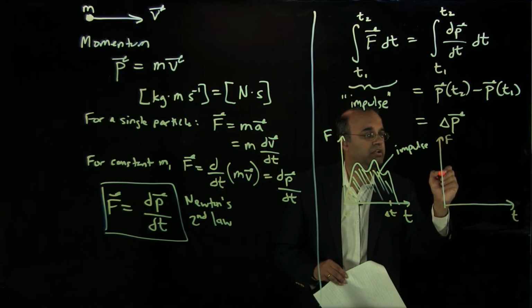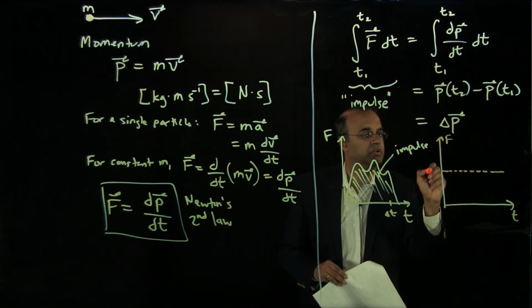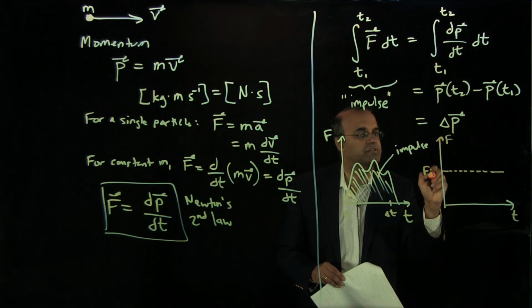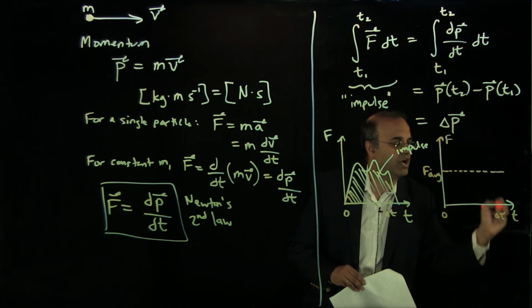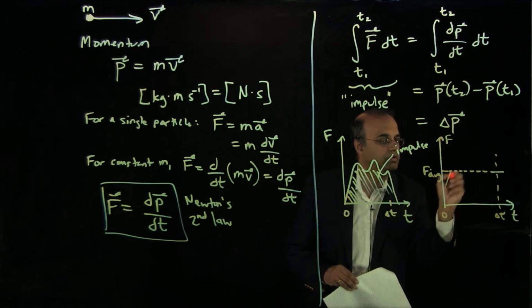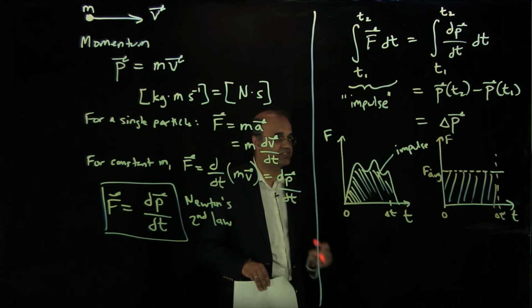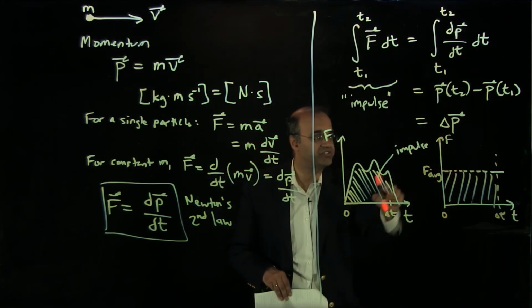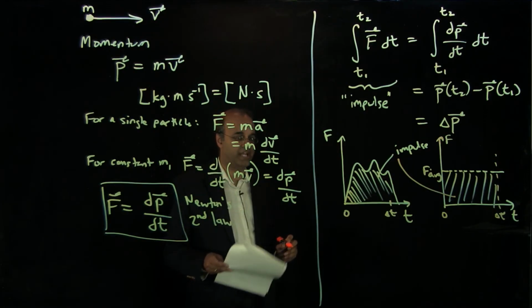So suppose I calculated that, and there's some constant force here. I'll call this F average, going over the same time interval. The average force is that constant force which has the same area as the area under my F of t.